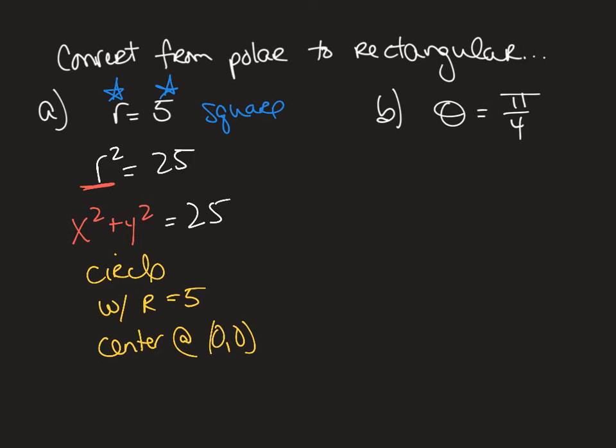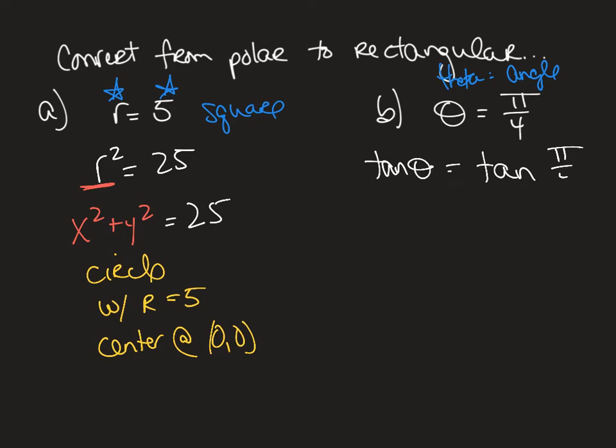All right, so then the next type that you might see is you have an angle, theta equals an angle, obviously. Okay, so anytime you have theta equals an angle, take the tangent of both sides. So tangent of theta equals the tangent of pi over 4.